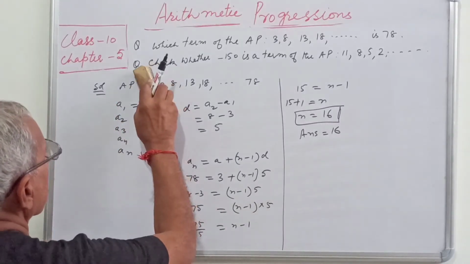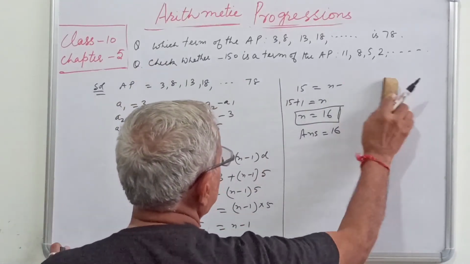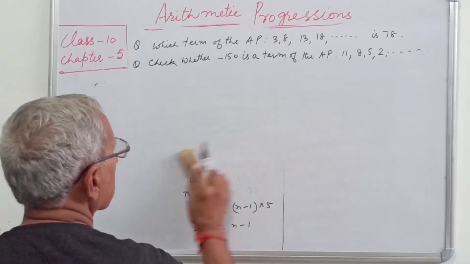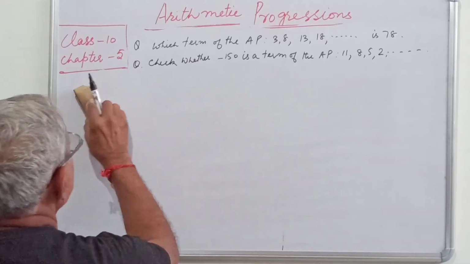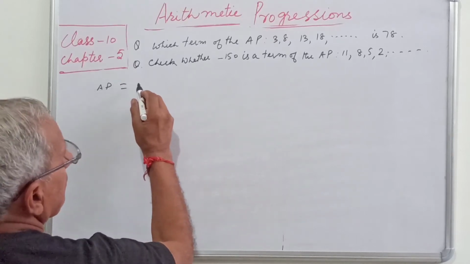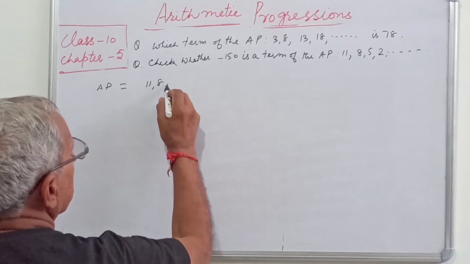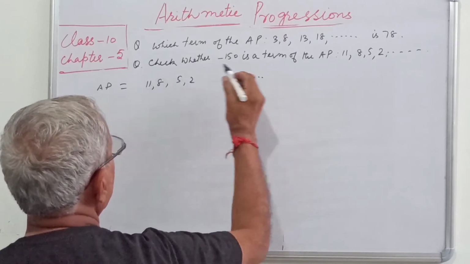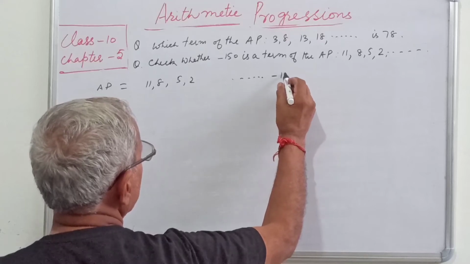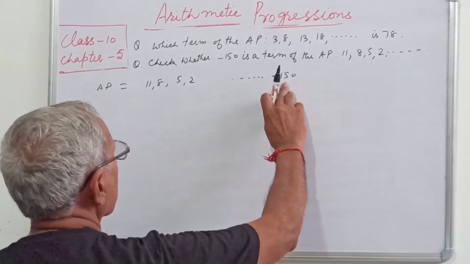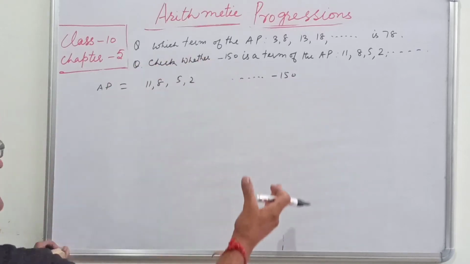So next question. So next question is where the given AP is 11, 8, 5, 2. And the nth term given here is minus 150. So we have to check whether this minus 150 is the nth term of this AP or not.